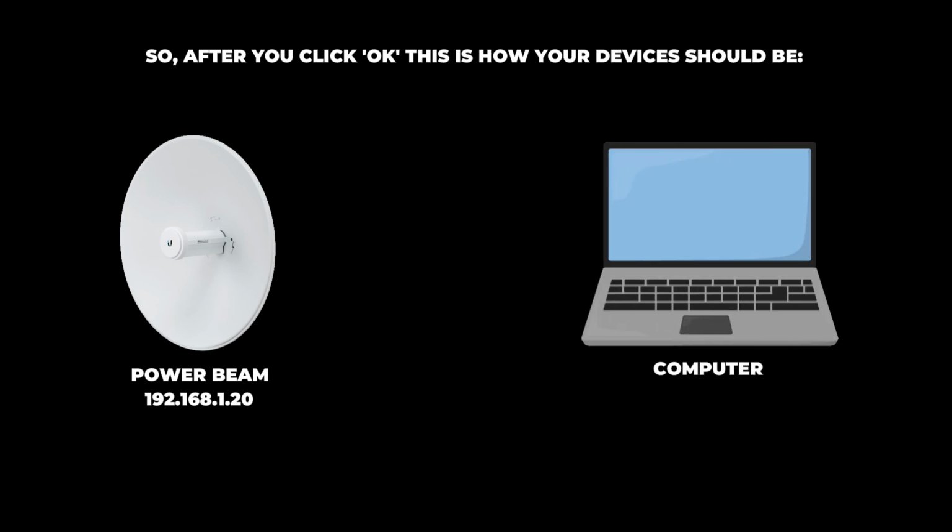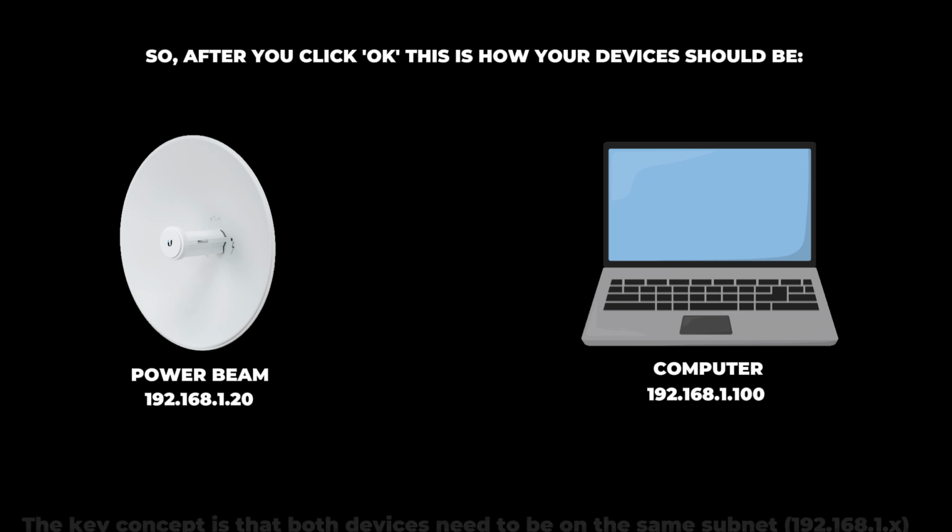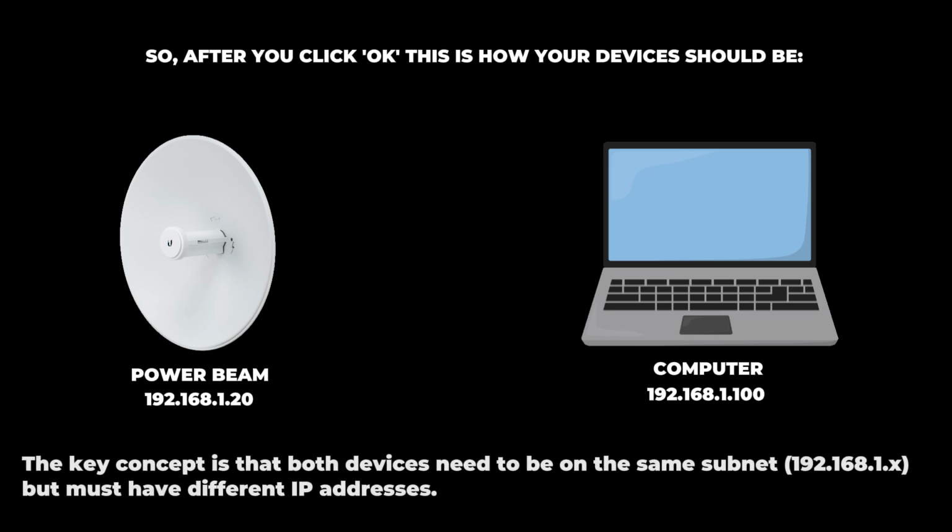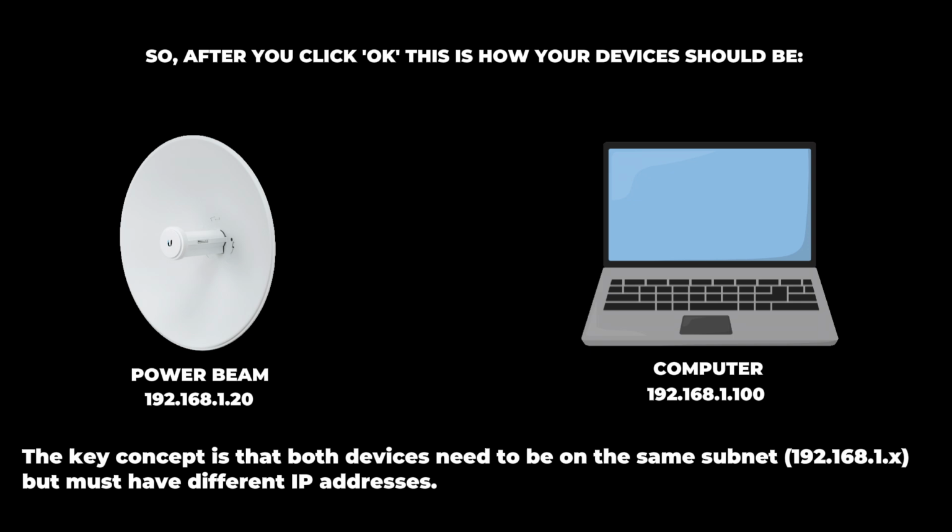Your computer will have the IP address 192.168.1.100. The key concept is that both devices need to be on the same subnet, 192.168.1, but must have different IP addresses. In this case, the power beam ends with 0.20. The computer ends with 0.100. This setup allows them to communicate effectively.